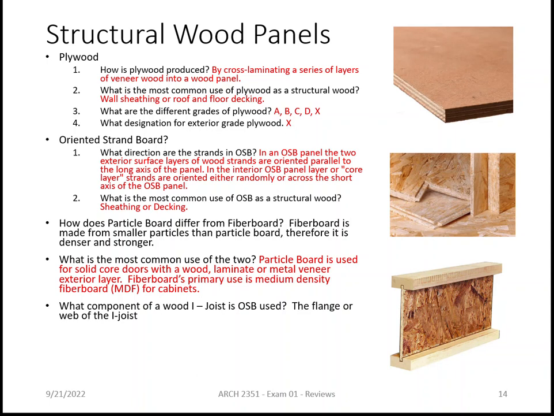Okay, but the boxes that make up the cabinets, they're all going to be MDF. Okay, what do I mean by MDF? Medium density fiberboard. There's low density fiberboard and there's high density fiberboard. Okay. MDF is the most commonly used.